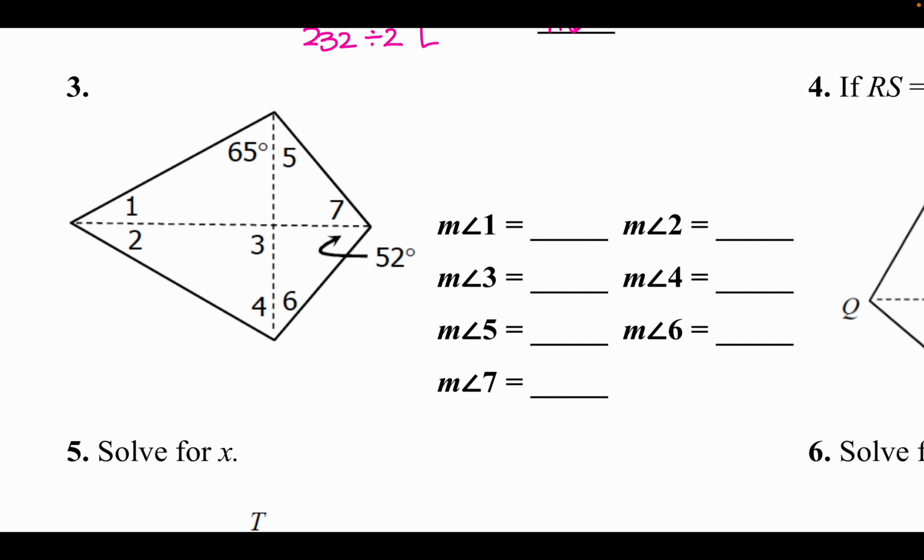Number 3. So let's start off with the first easy ones. We know we have right angles all around our diagonals. So we know number 3 is 90 degrees. Now if we want to find 1, we have a triangle right here. We know 2 angles, we can find the third. So 180 minus 65 minus 90 is going to give me 1.